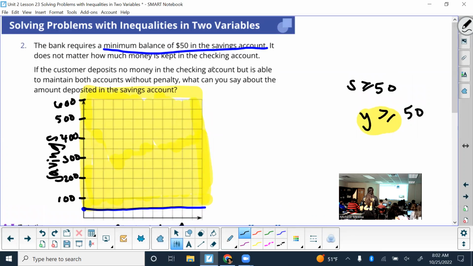So it does not matter how much is kept in the checking account if the customer deposits no money into the checking account. So based on that, if she doesn't have to have money in the checking, you could put a 0 times X, which is just C0. And it's just asking about the savings for the 50.